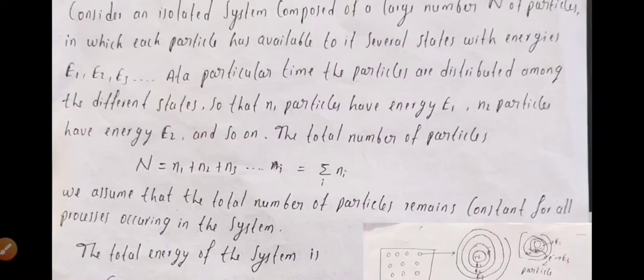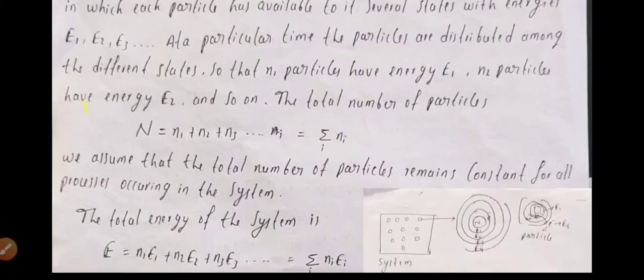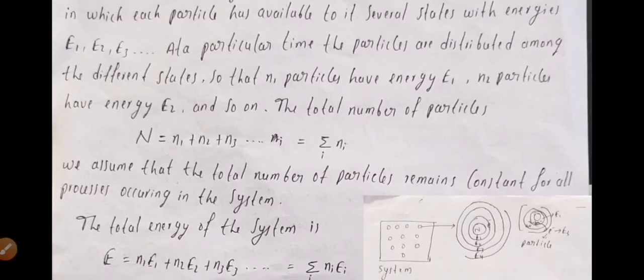At a particular time, the particles are distributed among the different states so that n1 particles can have energy E1, n2 particles can have energy E2, and so on. The total number of particles is given by capital N equals small n1 plus n2 plus n3, or we can write it as a sum of ni.